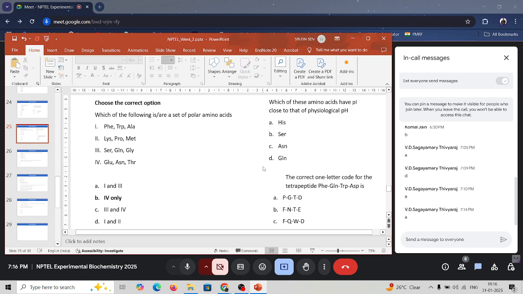The next one, which of these amino acids have pI close to the physiological pH? The physiological pH, or the pH of the blood, is 7.4. So which of these amino acids has a pI that is close to 7.4?